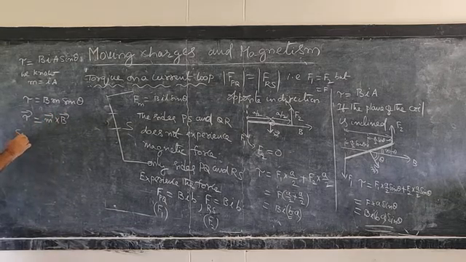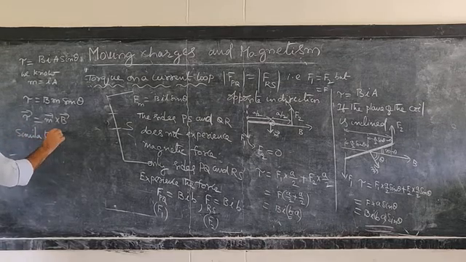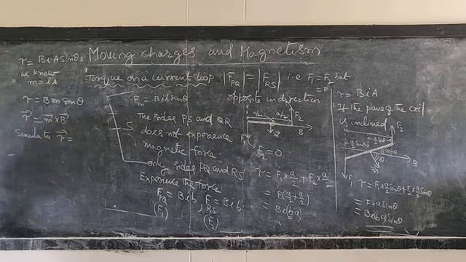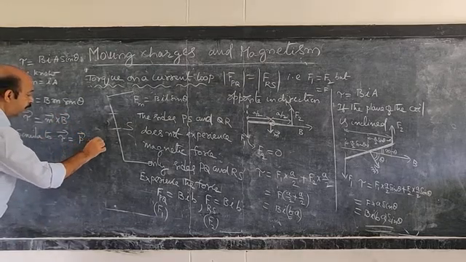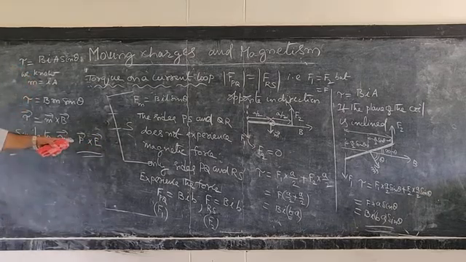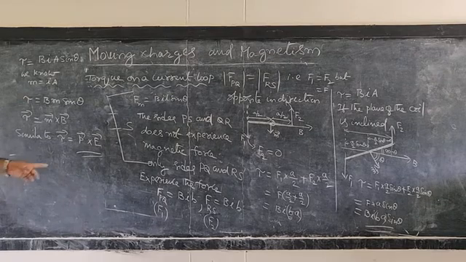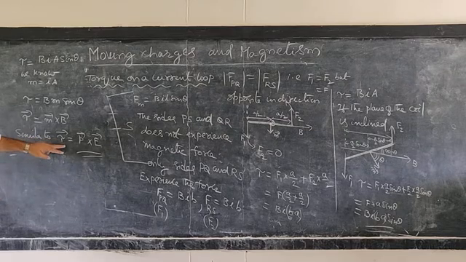So similar to the case of electric dipole, where we derived this formula tau bar equals p bar cross E bar. So it is very similar to that of an electric dipole kept in an electric field, which experiences a torque. So very similar to this.